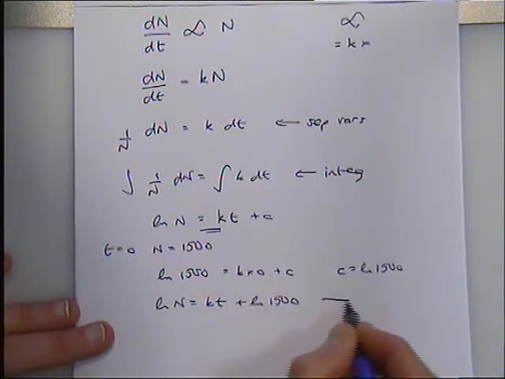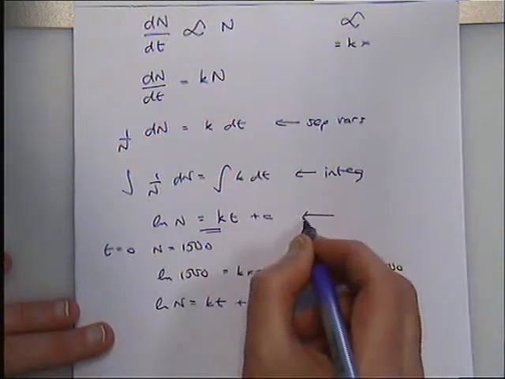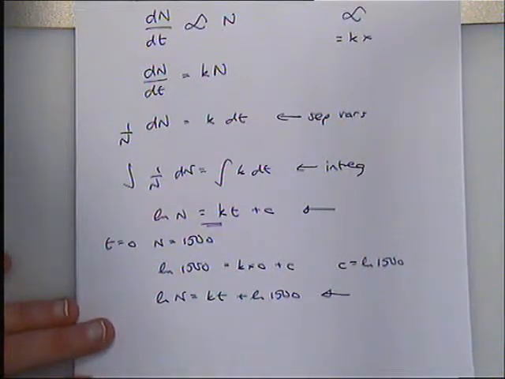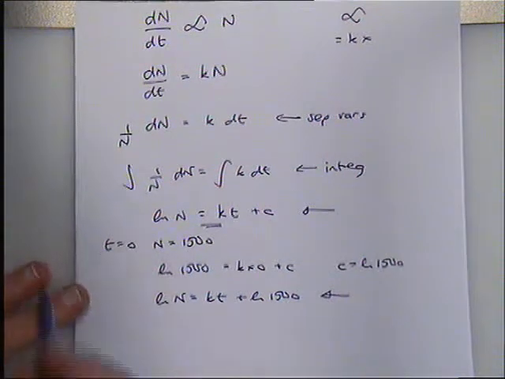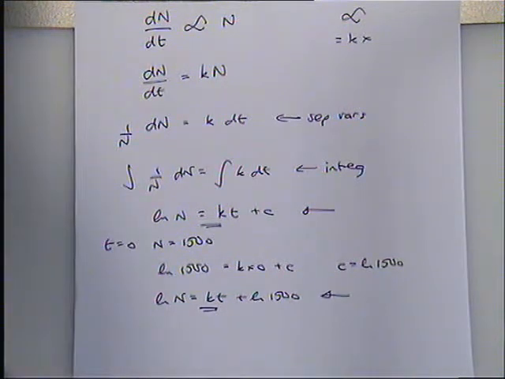So my differential equation solution has now become this. It's still got a k value in it though. If you go back to the question which you've got in front of you, can you find anything else I can use? I did a substitution here, I'll use some information. Is there anything else I can use?